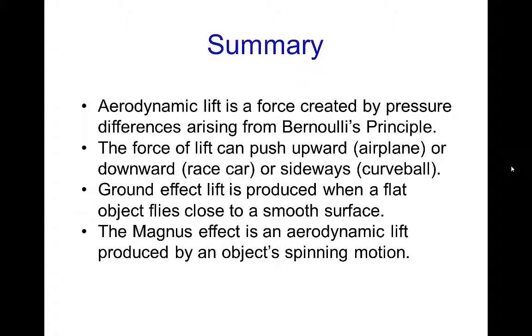And finally, the Magnus effect is a special type of lift that is produced by an object's spinning motion, the spinning motion causing a difference of airspeed from one side of the object to the other. Anyway, those are the basic forces that occur as an object is moving through the air. So hopefully that helps you in animating that type of motion.